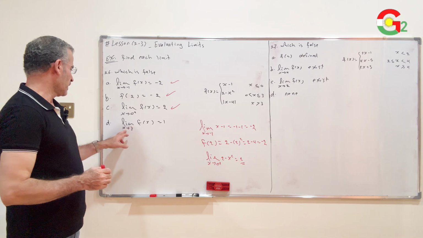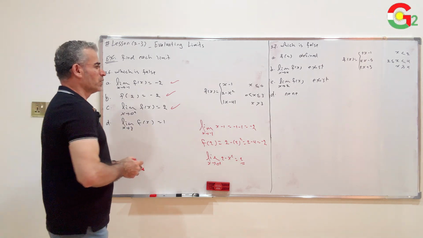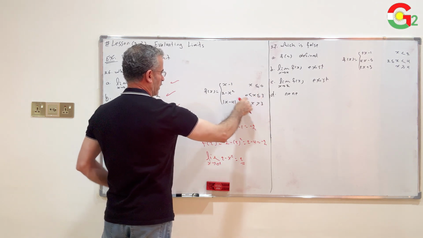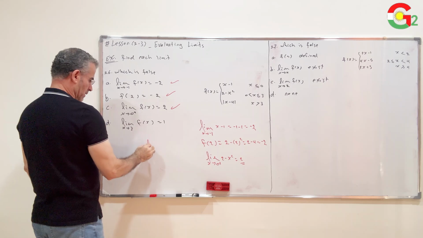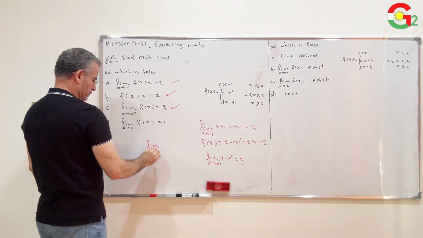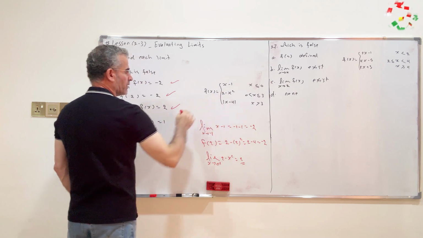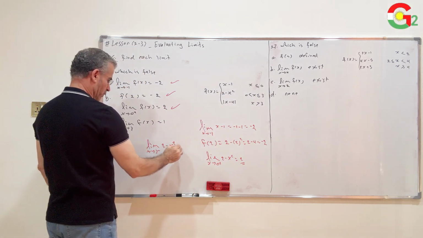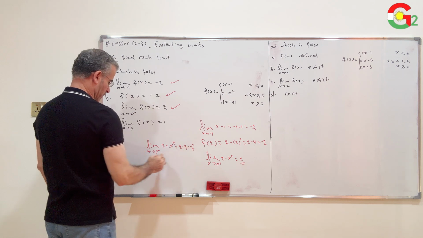Limit f of x when x approaches 3 equals 1. X approaches 3, I must find it from left and from right. From left, it is limit x approaches 3 from left, when x less than 3, 2 minus x squared equals 2 minus 9 equals negative 7.